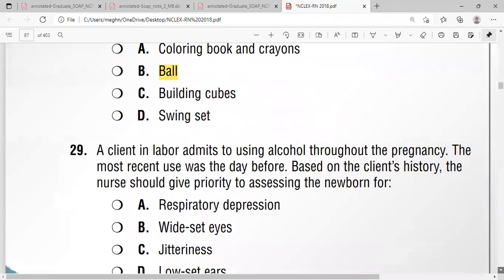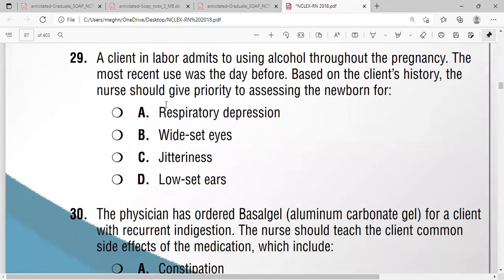So 29. Next question. A client in labor admits to using alcohol throughout the pregnancy. The most recent use was the day before. Based on the client history, the nurse should give priority to assessing the newborn for what?